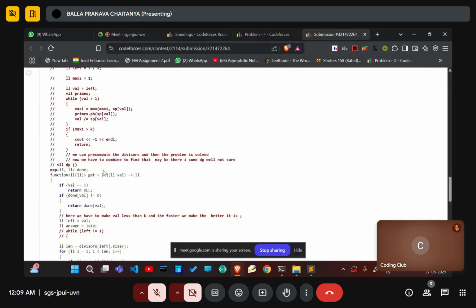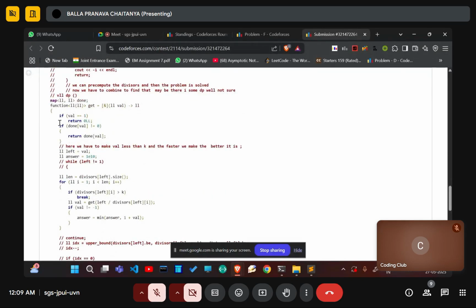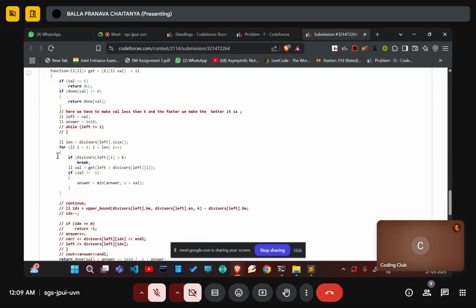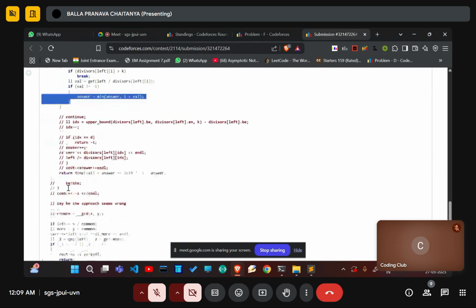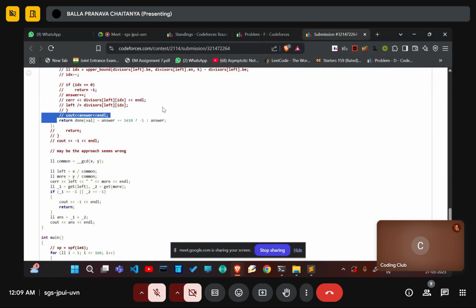That is what I have done. I've gone through all the divisors, and we should also make sure that the divisor does not exceed k, because then it will violate our condition. So that's what I have done. I've recursively used memoization. You can also use iterative.